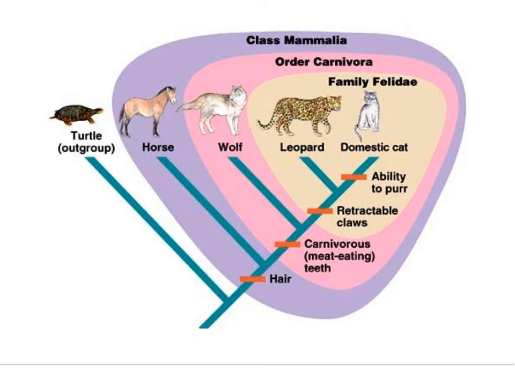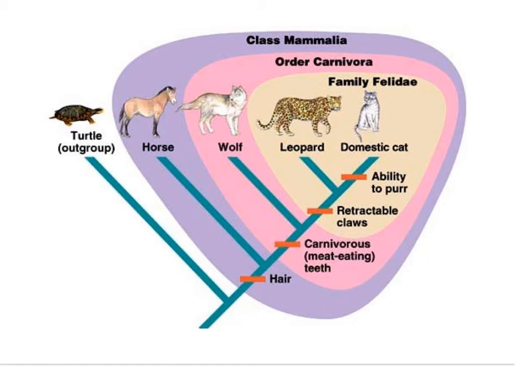In this diagram, you can see the class mammal, the order Carnivora, and the family Felidae. Again, the taxonomic hierarchy assumes that branch points from common ancestors occur at regular intervals and have only happened 7 times.